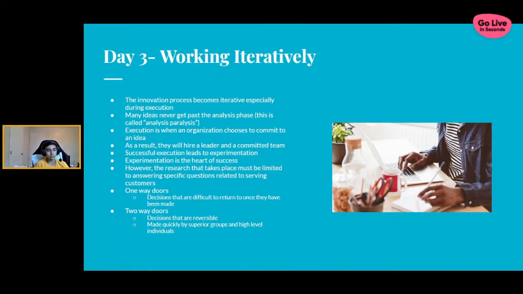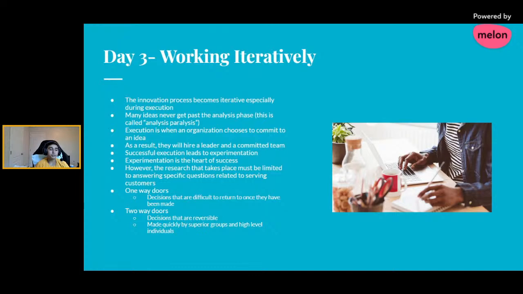Successful execution leads to experimentation. And experimentation is the heart of success. However, the research that takes place has to be limited to answering specific questions related to the customers. There are two types of decisions that are covered on this slide: one-way doors and two-way doors.